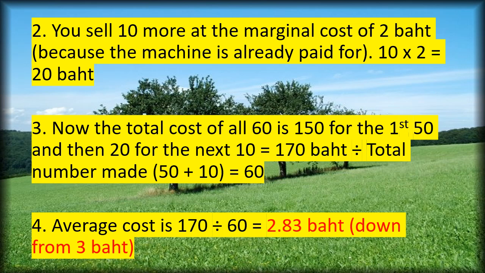So 10 times 2 equals 20 baht. Now the total cost of all 60 is 150 for the first 50 and then 20 for the next 10. So it equals 170 baht. And the total number made is 50 plus 10 equals 60. So the average cost is 170 divided by 60 equals 2.83 baht. And that's down from the 3 baht it was for the first 50.